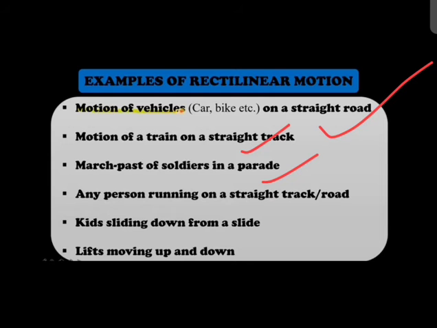And on a straight road, car, bike also move in straight line motion. Any person running on a straight track or straight road also has rectilinear motion. Kids sliding down from a slide, lift moving up and down, all these are the examples of rectilinear motion. So those objects which move in a straight line have the rectilinear motion.